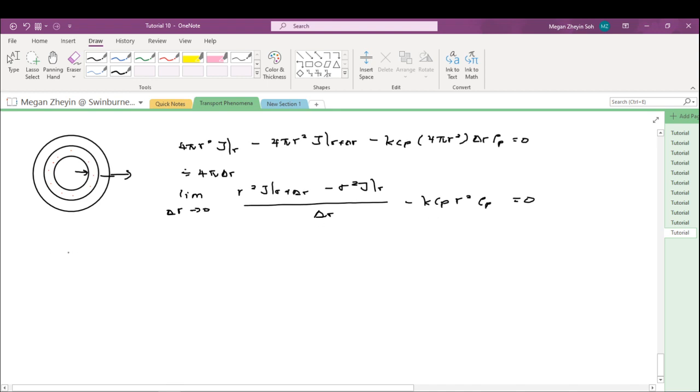Again, we substitute J equals negative D_E dC_P over dr. Sorry, this one we have negative here. So we should get negative d(r squared J)/dr first, minus k C_P r squared rho_P equals 0.